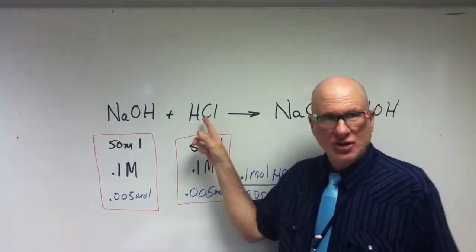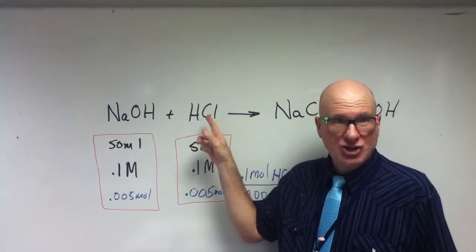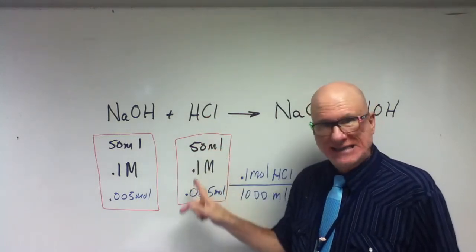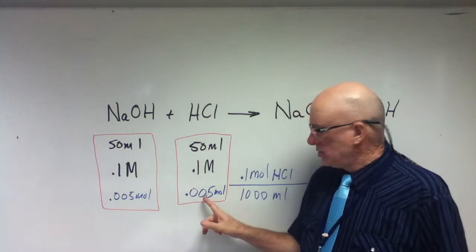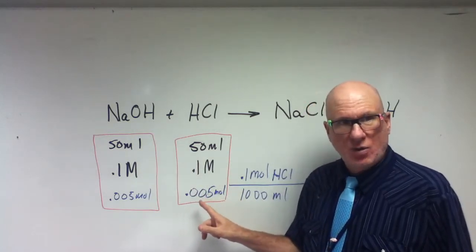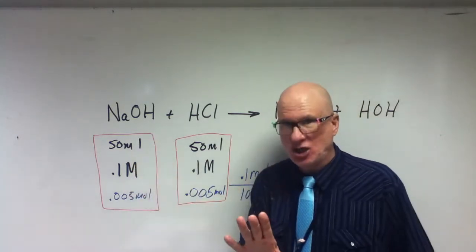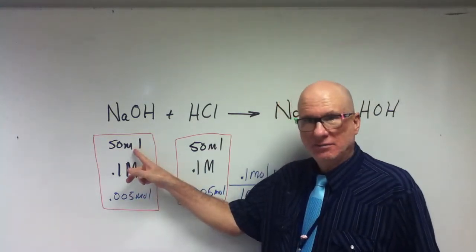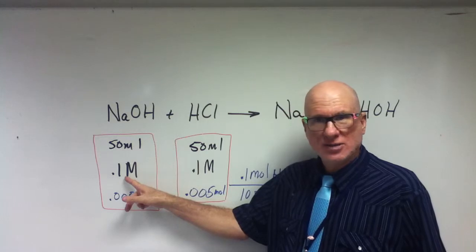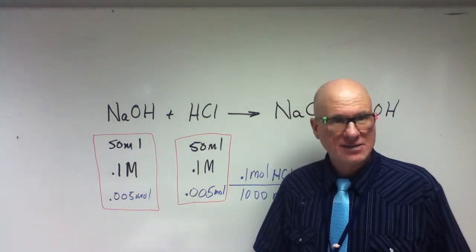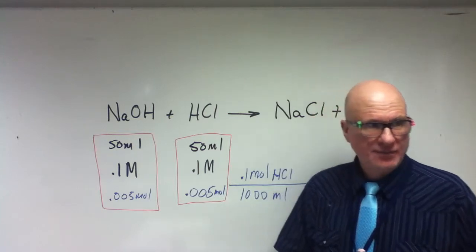So if this were sulfuric acid, H2SO4, and I'm trying to neutralize this, it would be 0.010 moles. So I would need either twice the volume or twice the molarity. Correct? You understand? Okay, good.